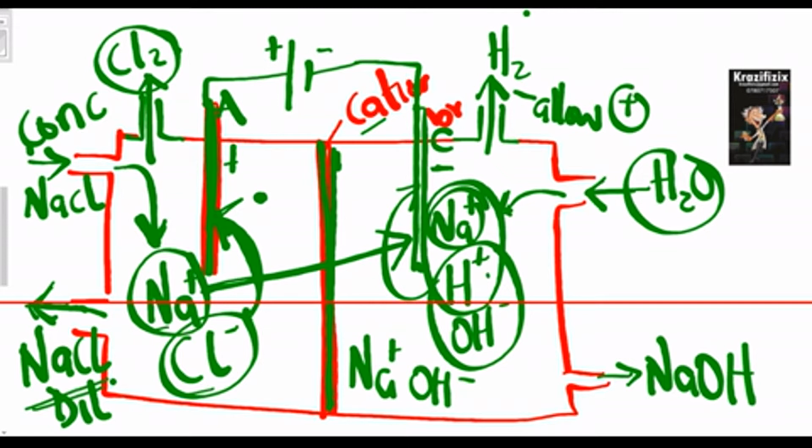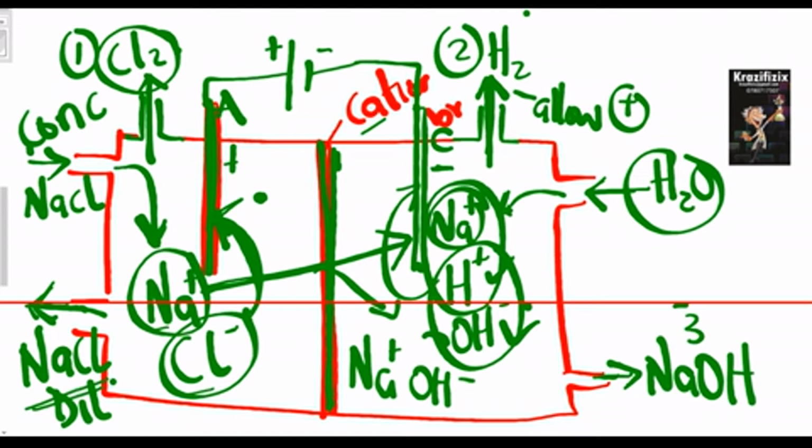Water is reduced, and it produces hydrogen and OH⁻. The hydrogen is given off as gas, and we have OH⁻ combining with the sodium that gets in here to produce sodium hydroxide. So if you look at this process, we've actually produced three things: chlorine, hydrogen, and sodium hydroxide.